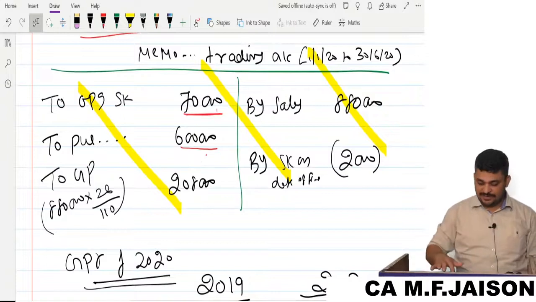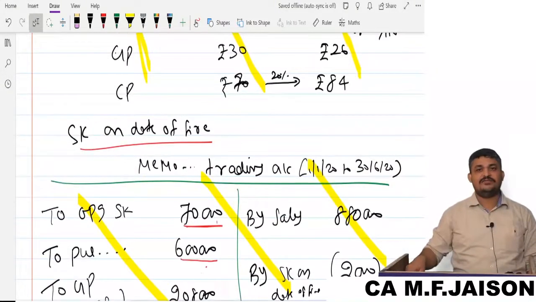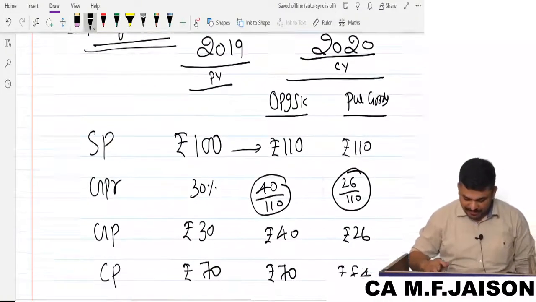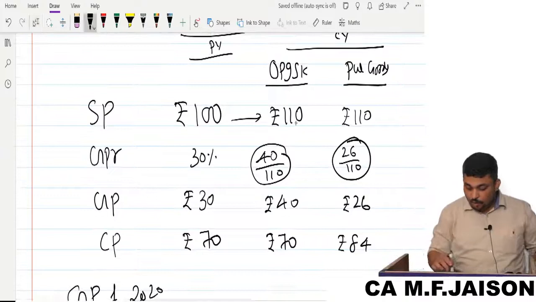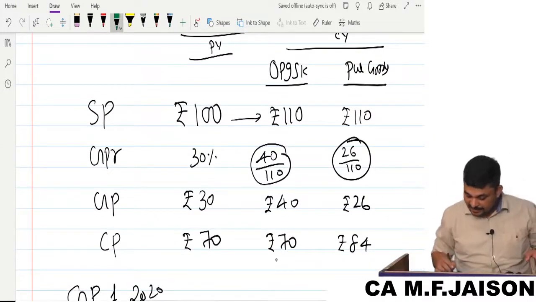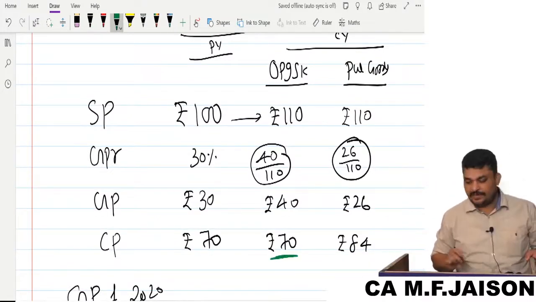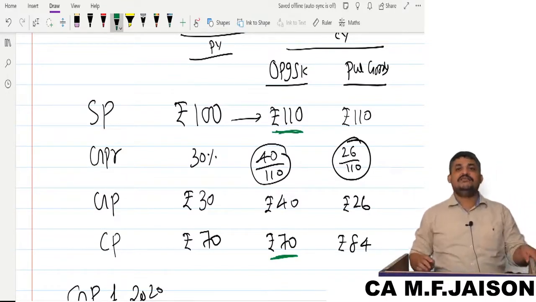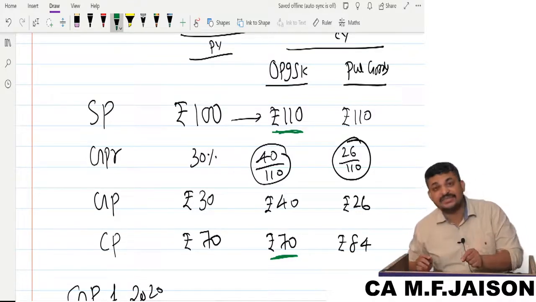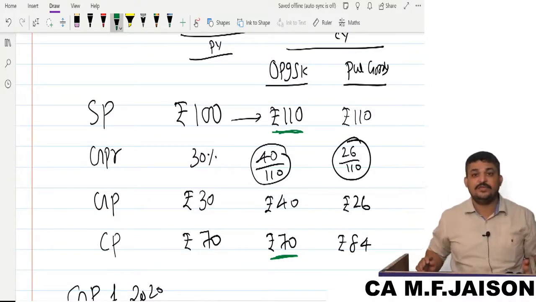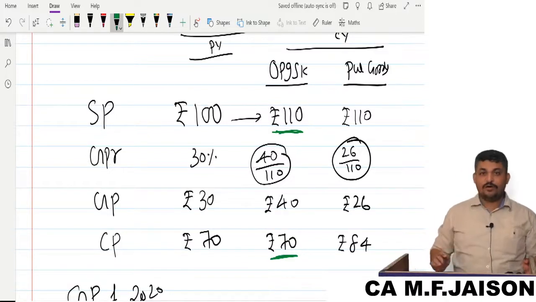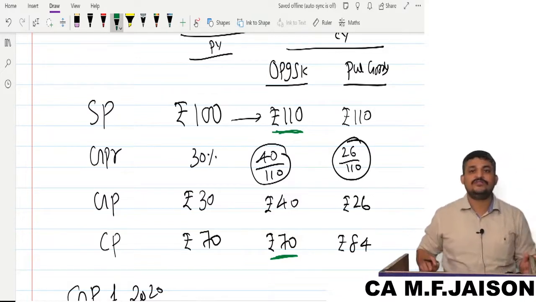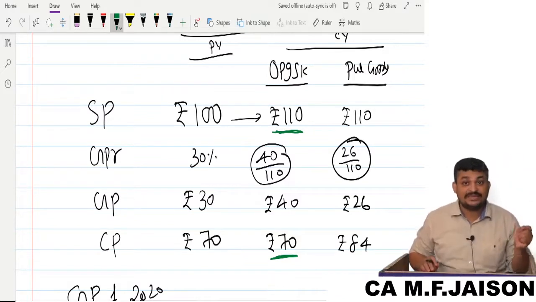How is that possible? Very simple. What is the opening stock value? Opening stock value is 70,000. Listen carefully, my dear friends. In this margin analysis, for opening stock, cost price is 70 and sale price is 110. The total opening stock is 70,000, which represents 70.